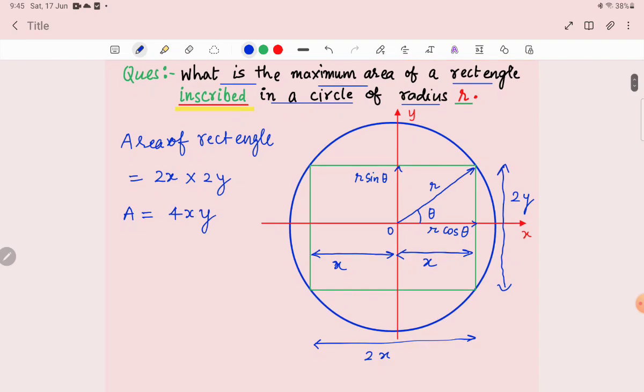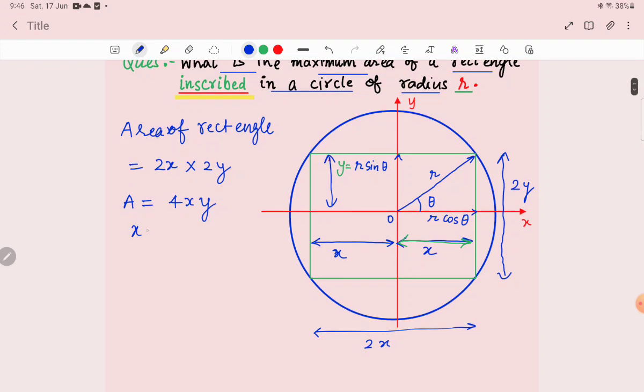And what is the value of x, by the way? So this is the x. This x equals r cos theta and y equals r sin theta, right? So this is y equals r sin theta. So we can write x equals r cos theta and y equals r sin theta.